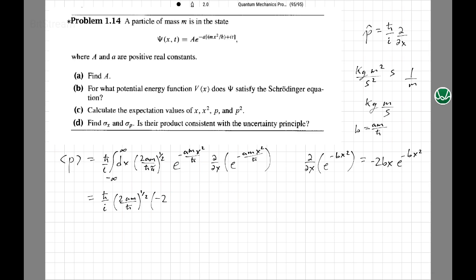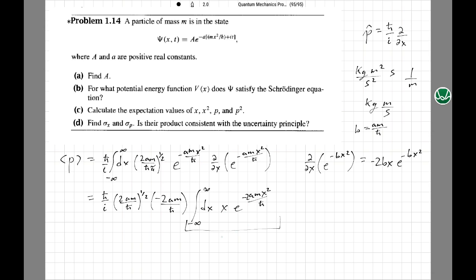Okay, and then I get a 2am h bar out here. Then I have inside this guy dx, and I have an x, and I have e to the negative. I got 2 of those.